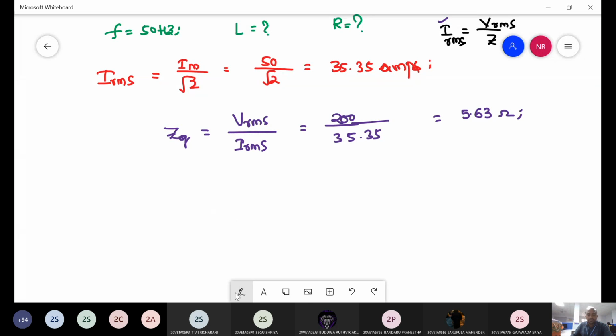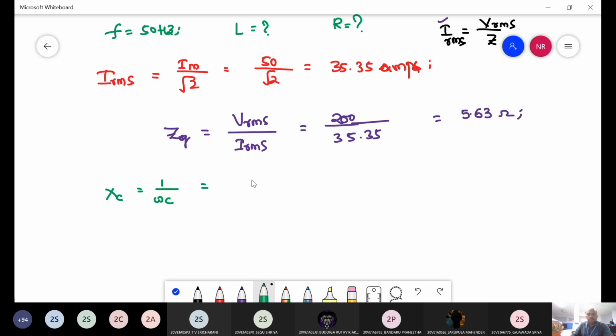Then XC. Can I calculate XC? XC is equal to 1 by omega C, that is 1 by 2 into pi into f, where f is 50, into C. C is 20 microfarads, 20 into 10 to the power minus 6.